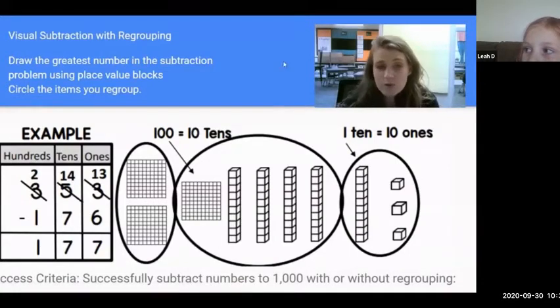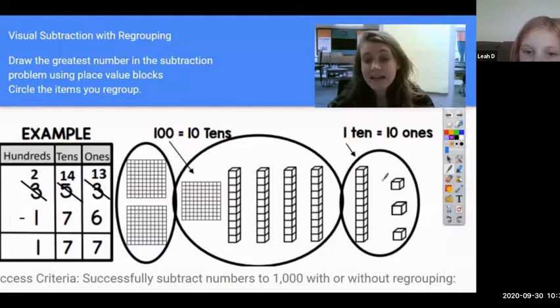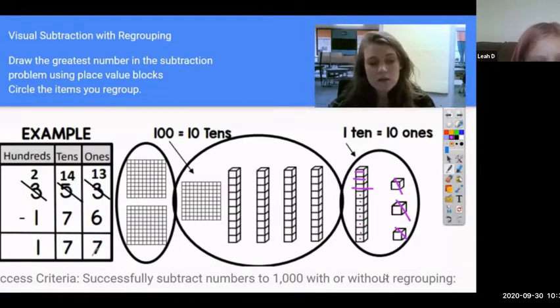That was impossible. I had to regroup a 10 into that ones place. This gives me 13 ones. Now I can take away 6. 1, 2, 3, 4, 5, 6. That leaves me with 7 ones. So there's a 7 in my ones place.